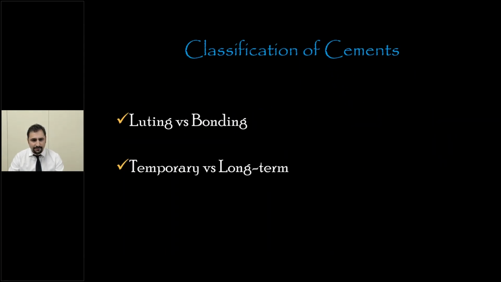First of all, let's classify the cements that are out there in the market. Generally, we can classify cements into two broad types. We can classify them into luting cements or bonding cements, or we can classify them based on their being temporary or long-term cements. Let's go over the luting cements. There are so many words used in terms of cements.